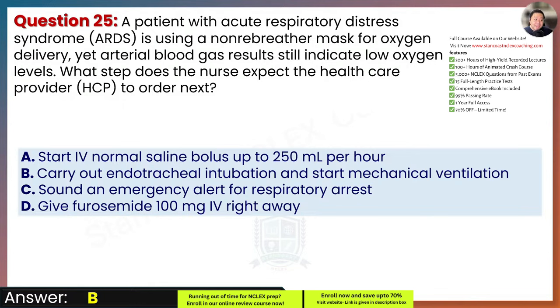Now, why is letter A incorrect? Start IV normal saline. Why is that incorrect? Well, this option doesn't really address the primary problem with hypoxemia. We know that aggressive fluid resuscitation could worsen the condition by increasing pulmonary edema, right? This can lead to the presence of fluid in the lungs.